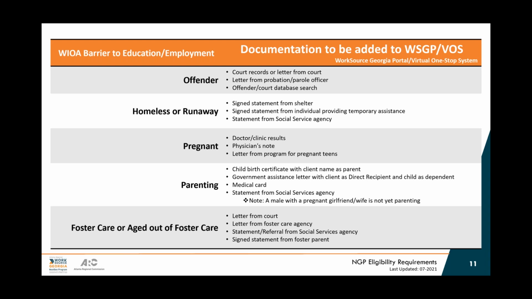And typically, if you can get some kind of letter on some type of professional letterhead from whatever agencies or organizations are assisting the customer, then that would be acceptable documentation. Of course, it needs to be signed, dated, and have that letterhead in order for it to be legitimate.